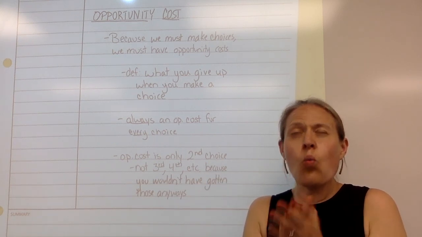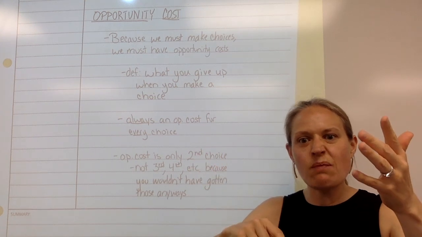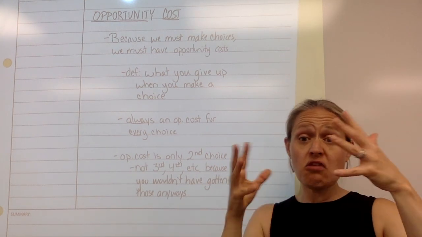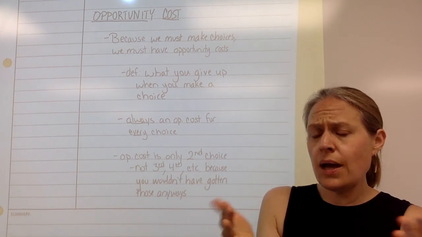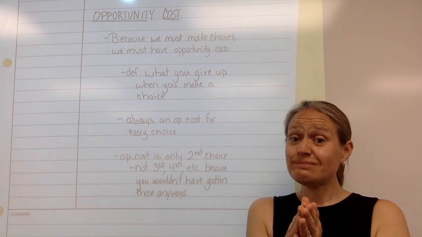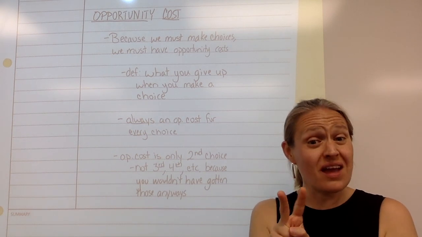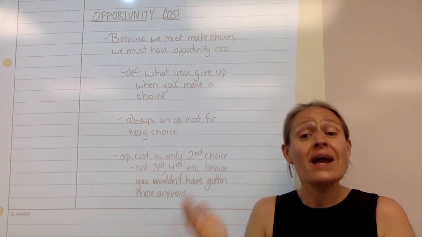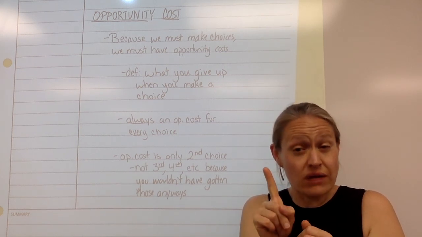So when we make choices, we often think, oh my gosh, I did that and I gave up the opportunity for this and this and this and this. I could have done so many other things with my time, or done so many other things with my money. But really, in economics, we only focus on you gave up your second choice, not your third and your fourth or your fifth or your sixth, because you wouldn't have gotten those anyway when you can only make that one choice.